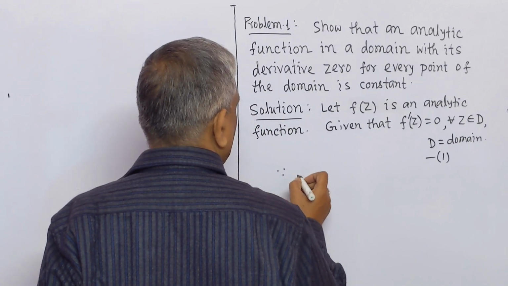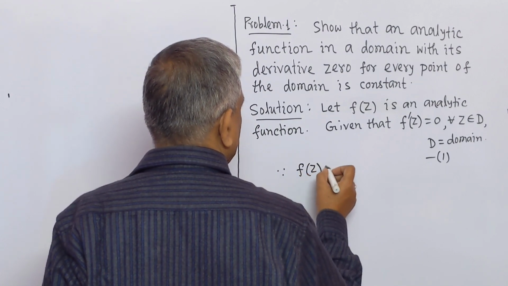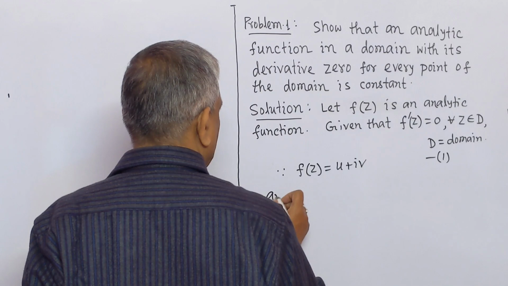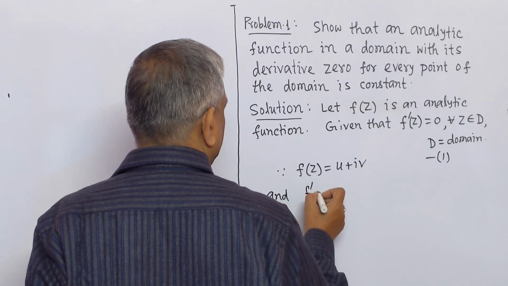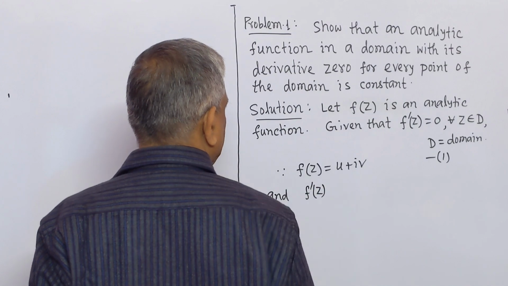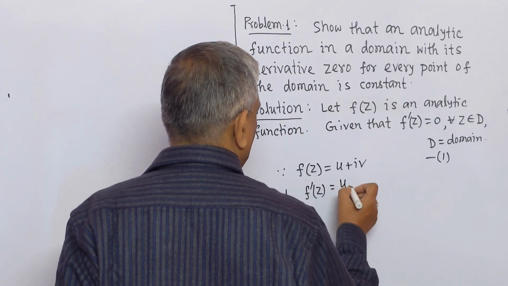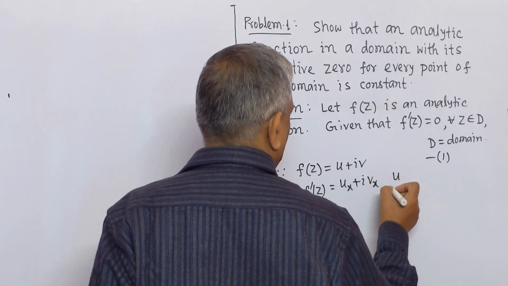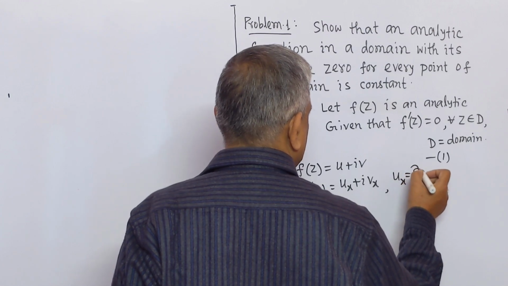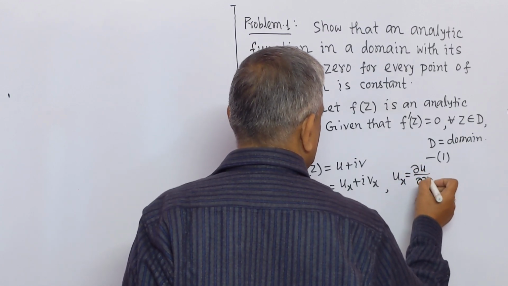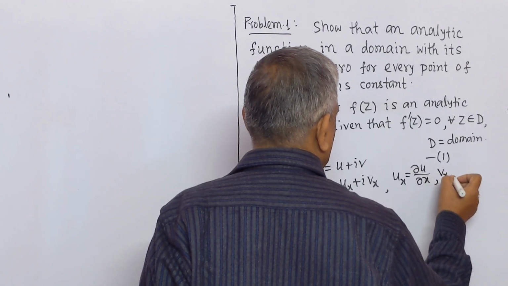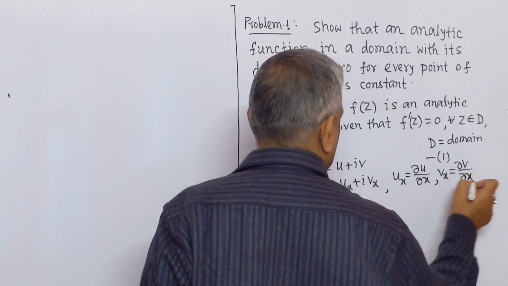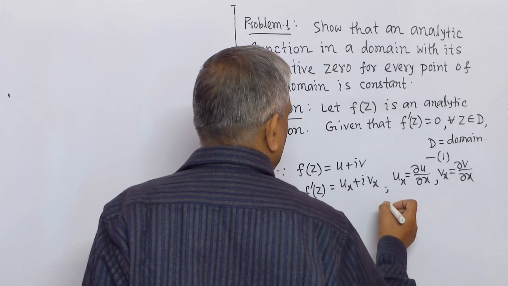Since f(z) is written as u plus iv, the derivative of f(z) equals ux plus i vx. Ux is the partial derivative of u with respect to x, and vx is the partial derivative of v with respect to x. This is number 2.